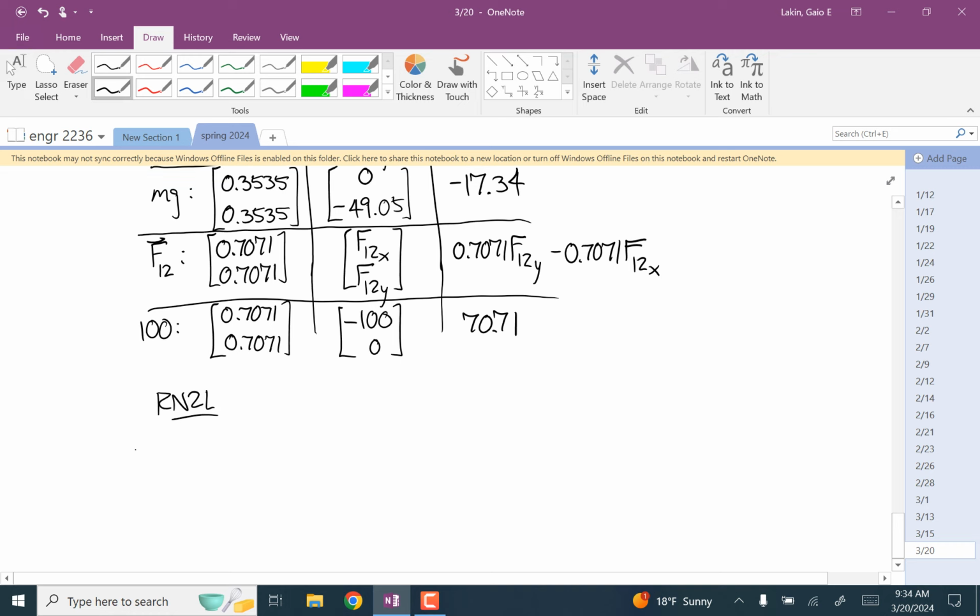And that says, negative 17.34 plus 70.71 plus 0.7071 F12y minus 0.7071 F12x is equal to the mass moment of inertia times the angular acceleration of body 1.